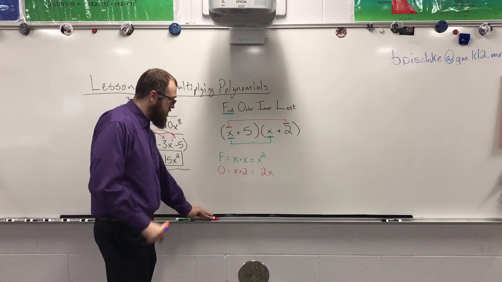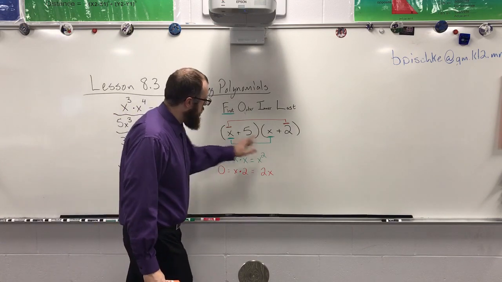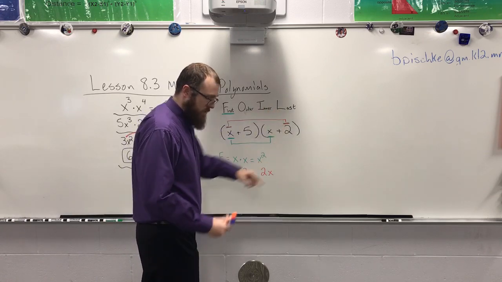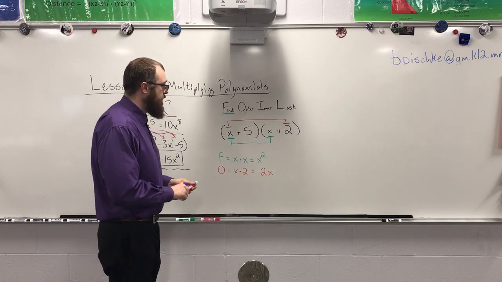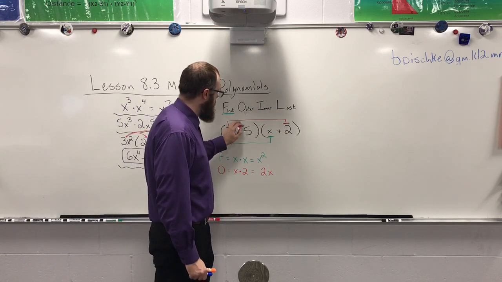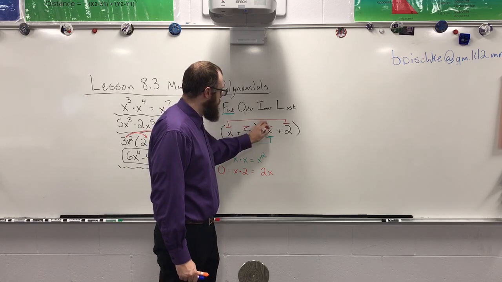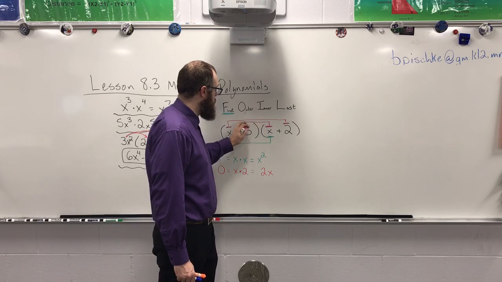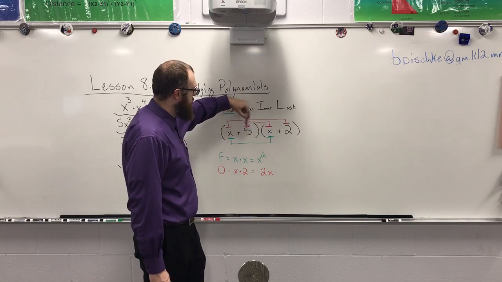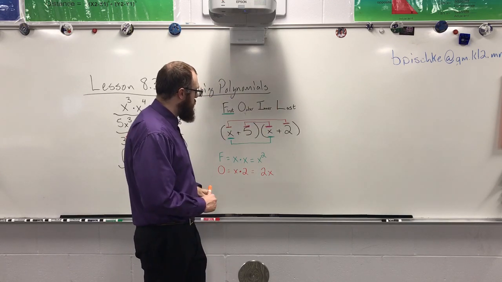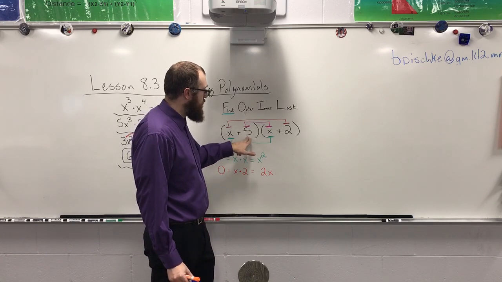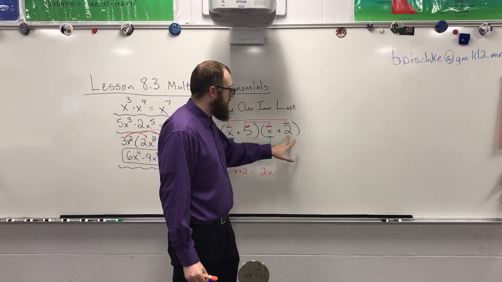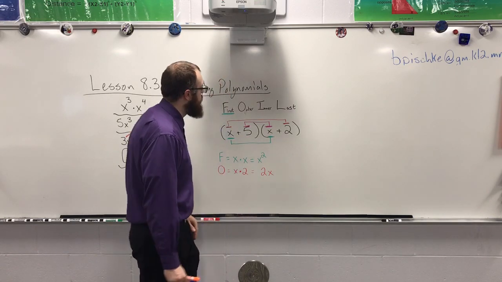So we have our firsts, our outers, our next one is our inners. Our inners are the two that are right next to each other, but in different binomials. We don't multiply the things in the same binomial. So the x never gets multiplied to the 5, nor does this x ever get multiplied to this 2.